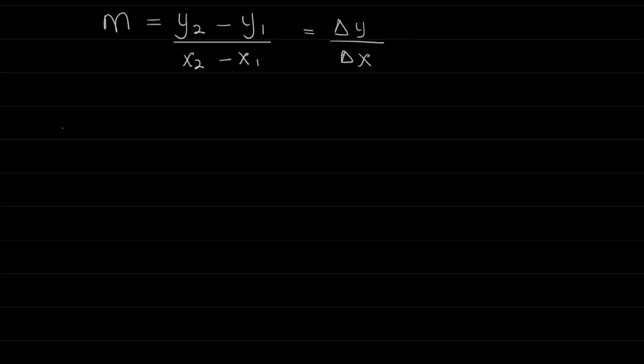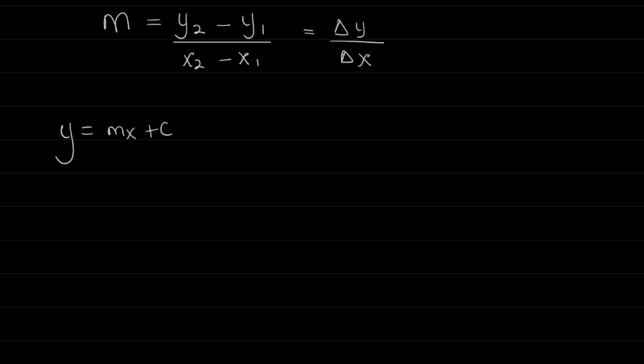If you are given an equation, let's just say we are given mx plus c. This is an equation and the subject of the formula there is y. But you wouldn't get y if it wasn't for x, right?